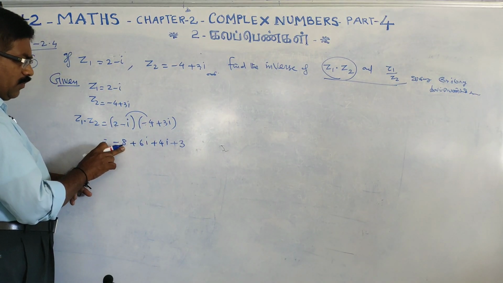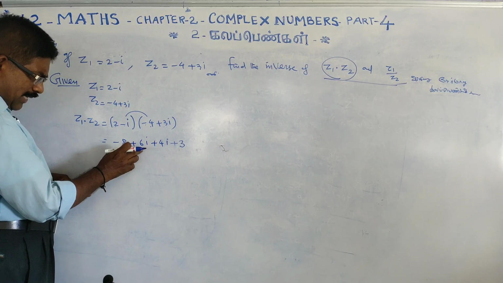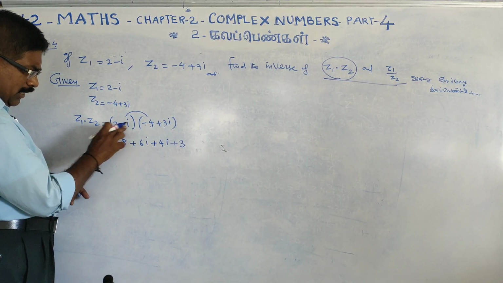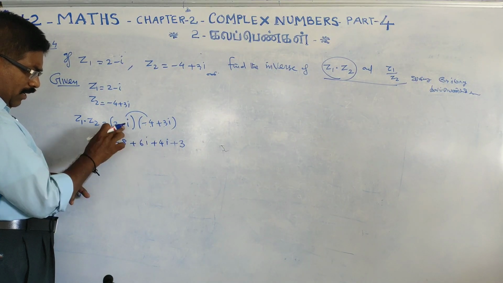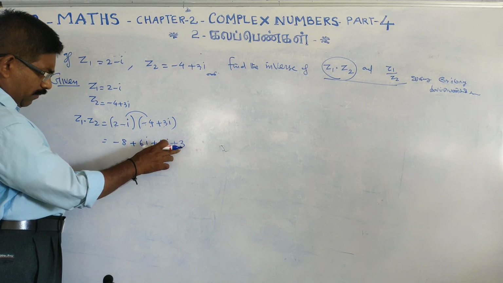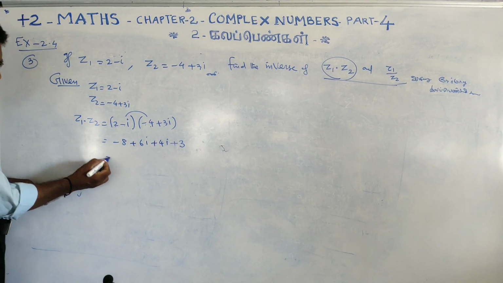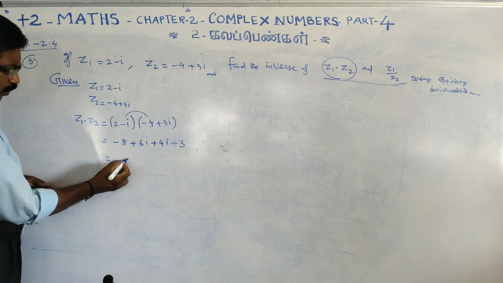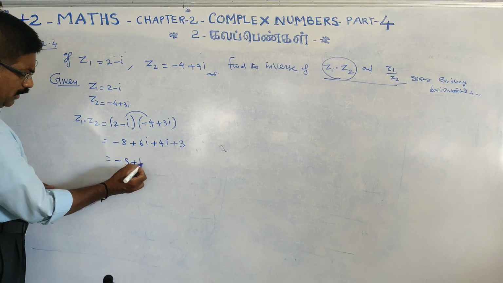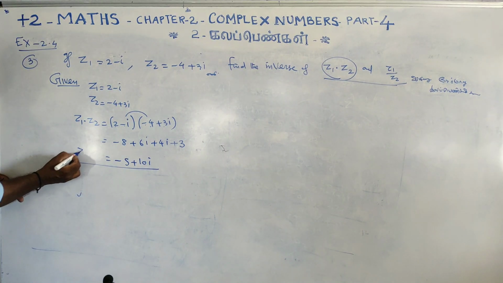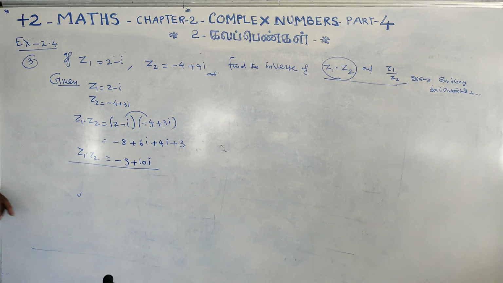Minus 8 plus 3 is minus 5, and 6I plus 4I is 10I. This is z1 into z2.